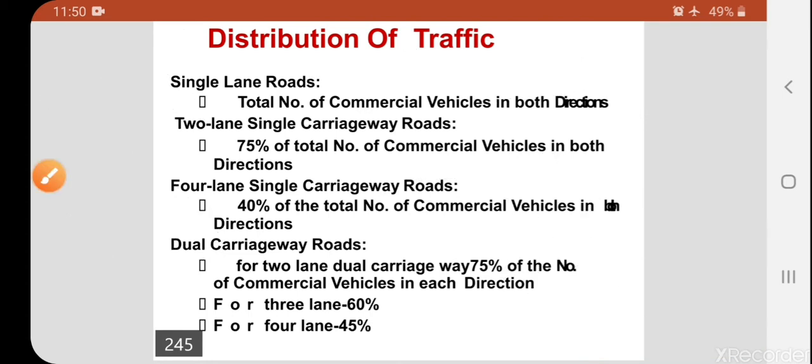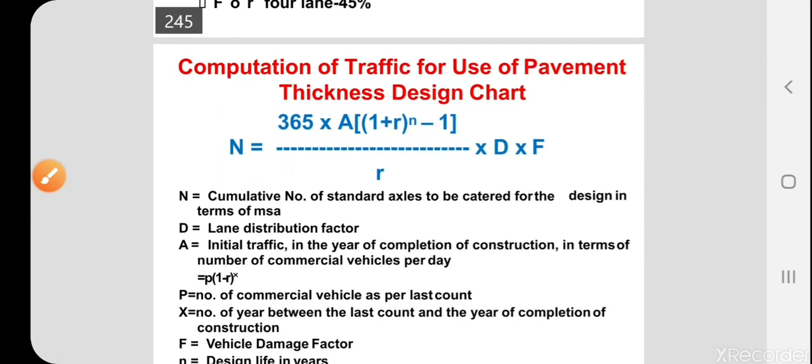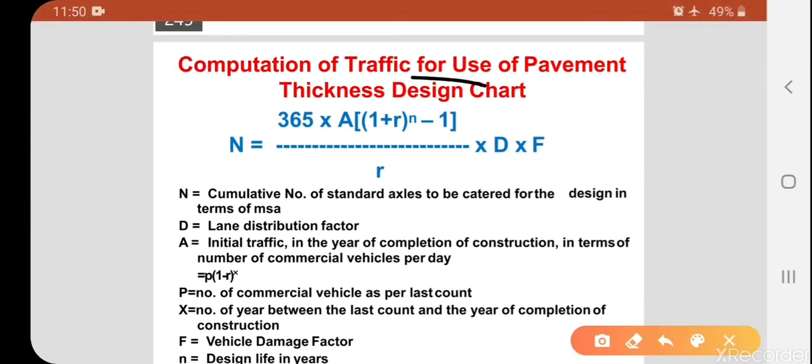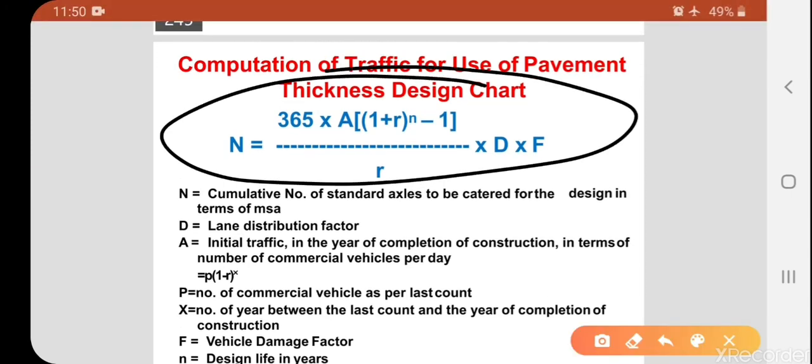Next, composition of traffic for use of a pavement thickness design chart. This one is the formula already given as per the IRC. N is equal to the cumulative number of standard axles to be catered for the design in terms of MSA. So 365 is nothing but days in 1 year.